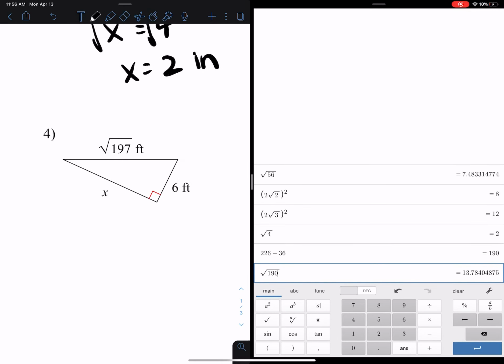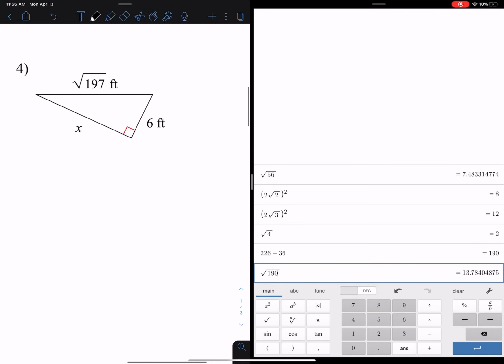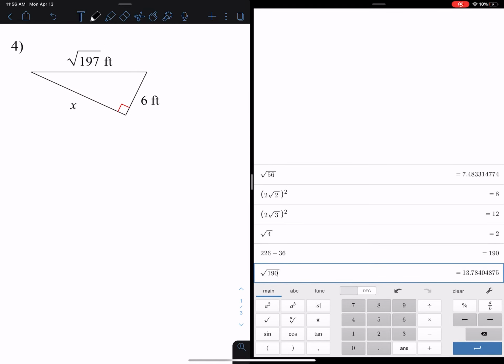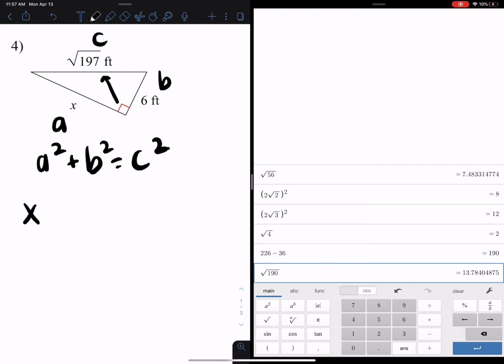Okay, the last example, well, we'll do this one and then we'll do one on the next page. So this one is C because it's across from the 90-degree angle. The other ones are A and B. It doesn't matter which is which. So we have A squared plus B squared equals C squared. We get X squared plus 6 squared equals the square root of 197 squared.